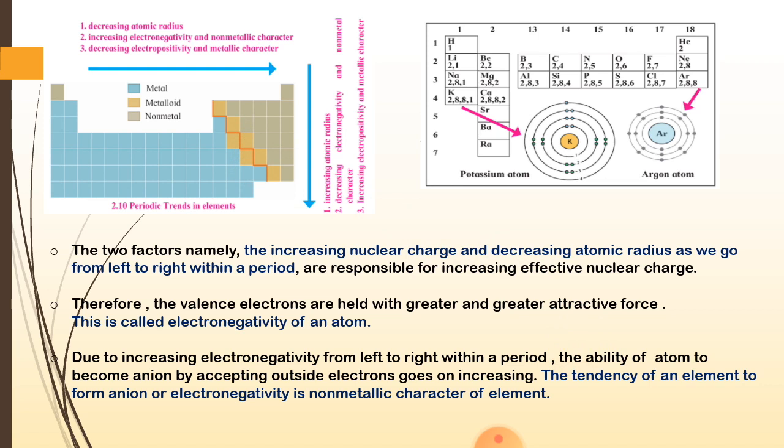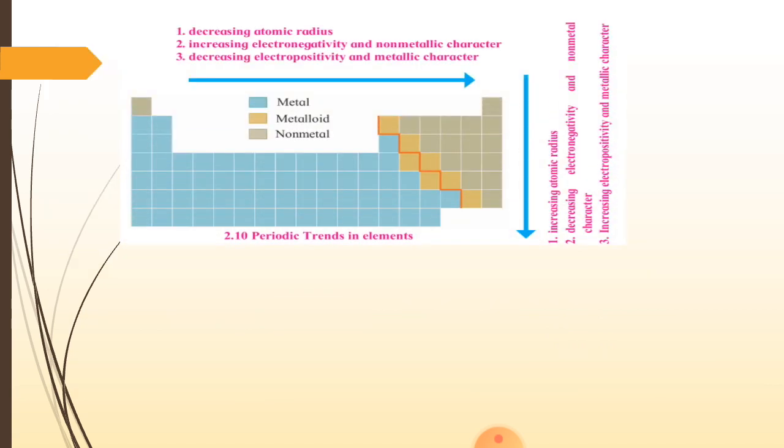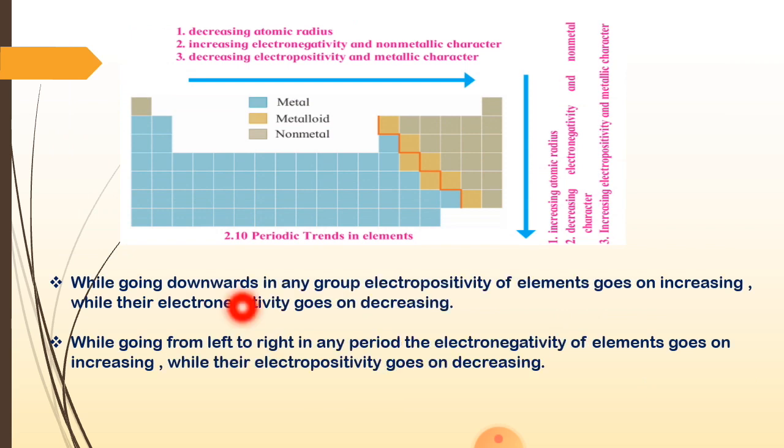So in electronegativity you have to remember forming anion, accepting electrons, and it is the non-metallic character of an element. Forming anion means negative charge. While going downwards in any group, electropositivity of an element goes on increasing while electronegativity goes on decreasing.